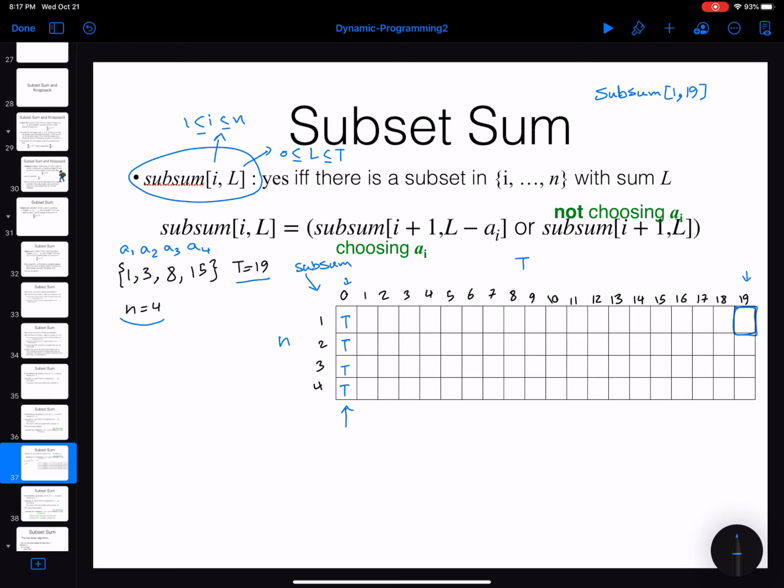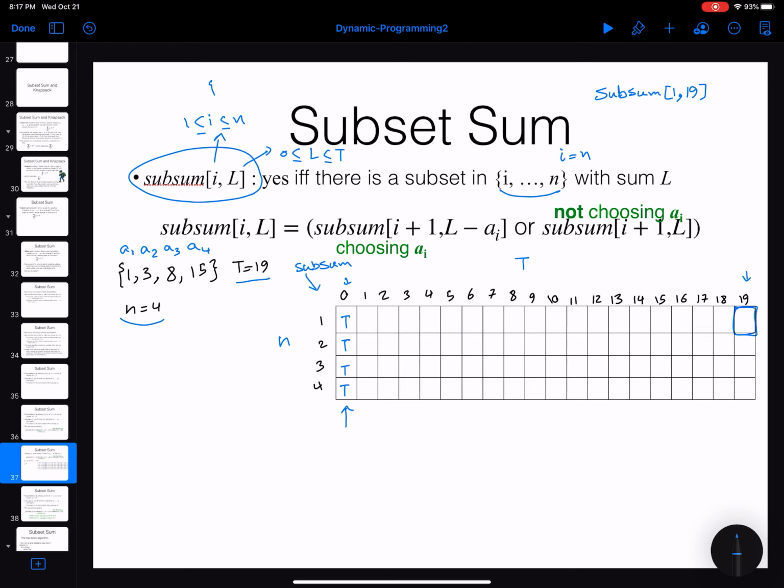After that, remember this I is going to tell you that you have access to all the items from I to n. So when I is small, the problem is bigger because you have access to all the items. When I is equal to n, the problem is smaller.